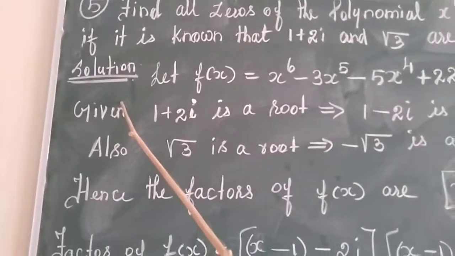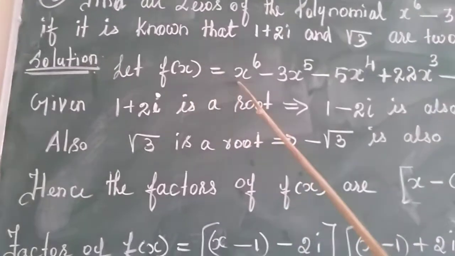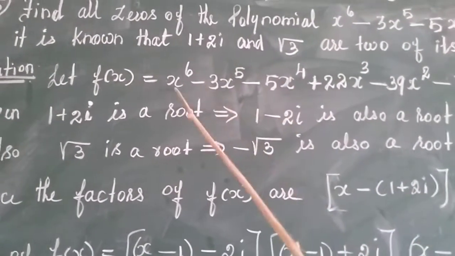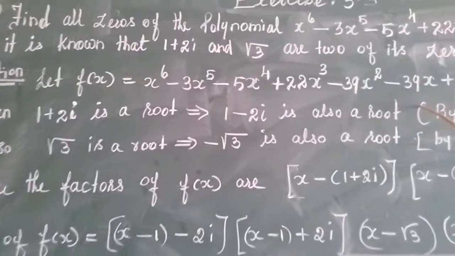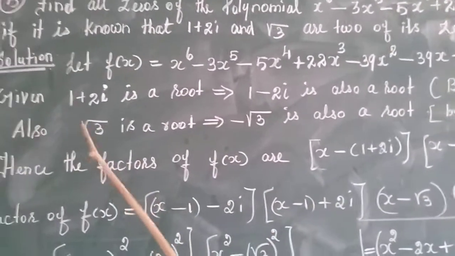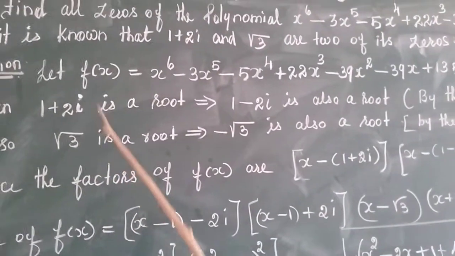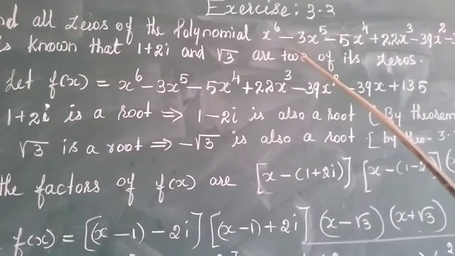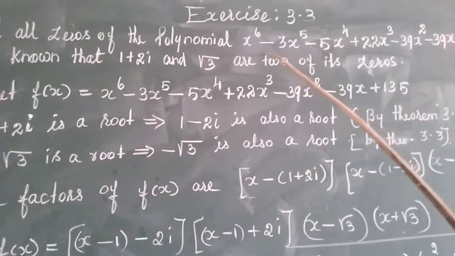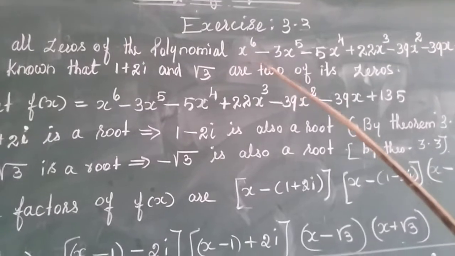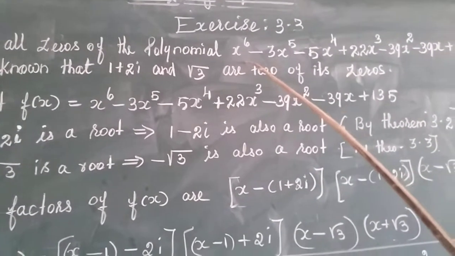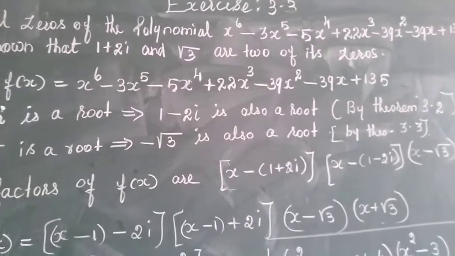Now the solution. Let f of x be equal to the given equation. They have given two roots of this equation. Here the degree of this equation is 6, which means we have to find 6 values for x.